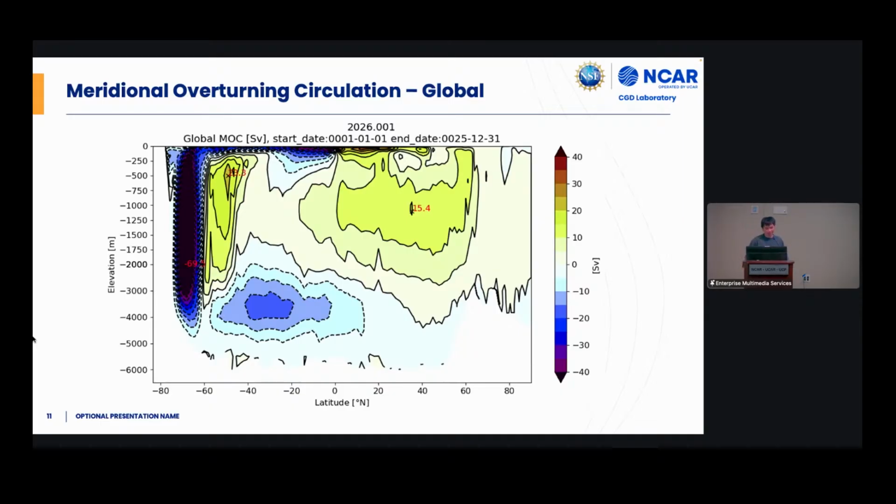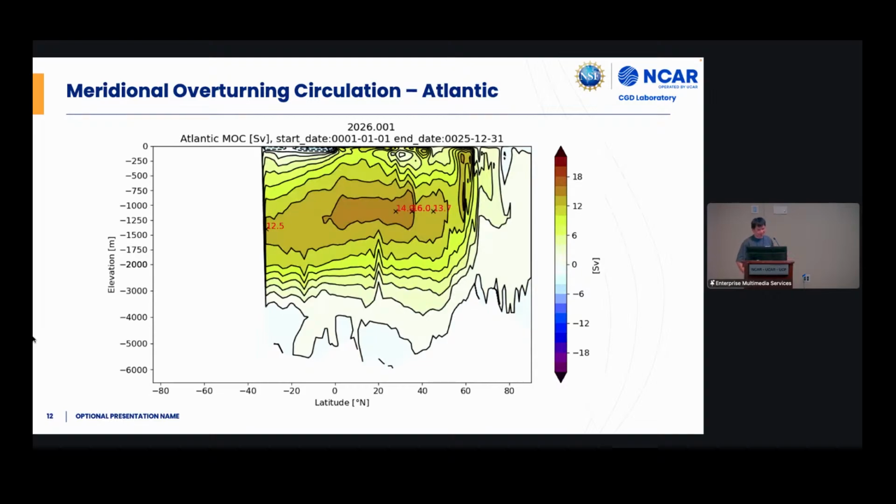But other than that, the rest of the ocean looks relatively reasonable. If you just ignore that part and take a look at the Atlantic, the AMOC, it's quite reasonable.